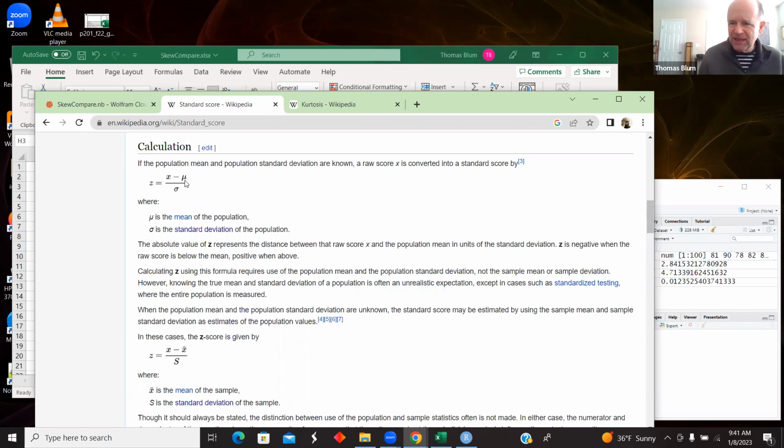And that's what we mean by standardized. We're turning any normal distribution into one that is at the center with a standard deviation of 1. We're making all normal distributions the same.